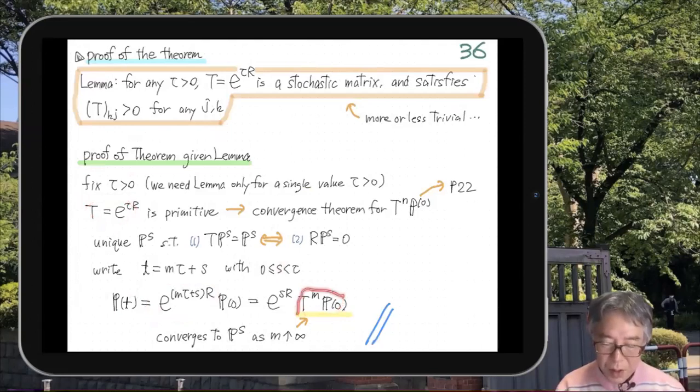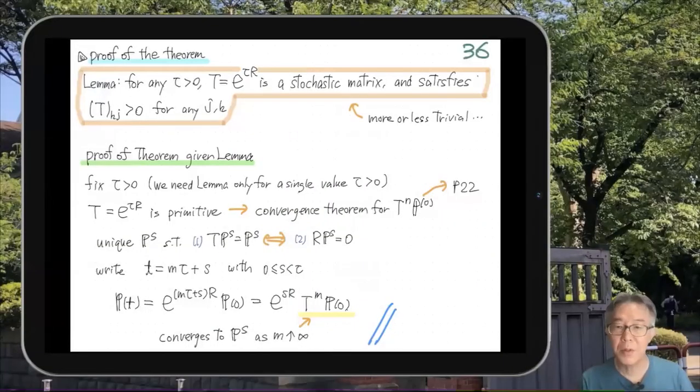Now you see that if T goes to infinity, m goes to infinity, and this converges to PS, right? And of course, if you apply this to PS, it doesn't change. So from this, you have seen that this for large T converges to PS. So the convergence has been proved.